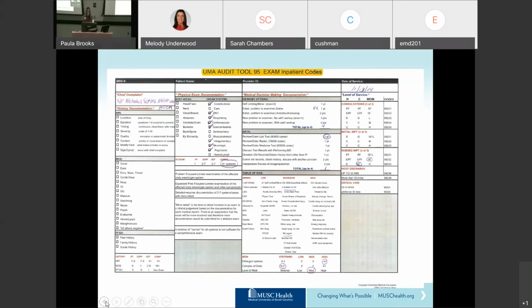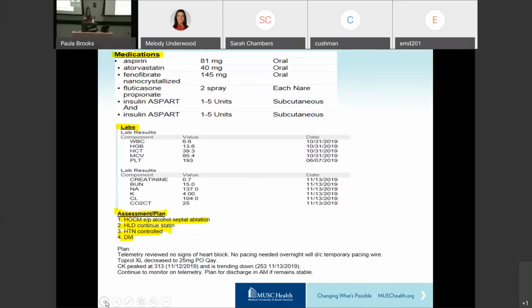Remember that we had a couple problems we were talking about here. We had hyperlipidemia, hypertension, diabetes, and that the patient is status post alcohol septal ablation. Nothing in this documentation states that anything is unstable, high risk, or out of control.